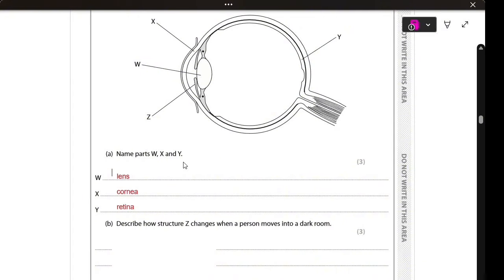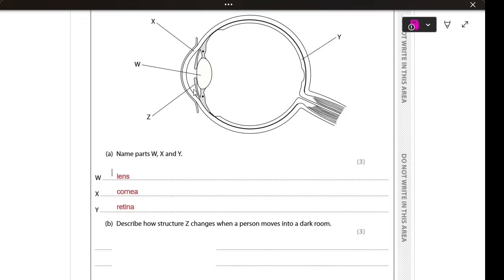Describe how structure Z, which is the iris, changes when a person moves into a dark room. So how it changes, there are 2 muscles present. One is circular muscle and the other one is radial muscle.